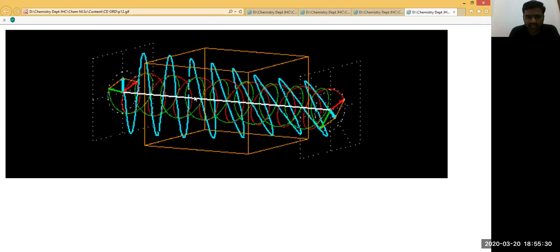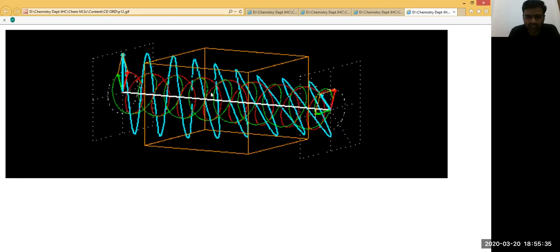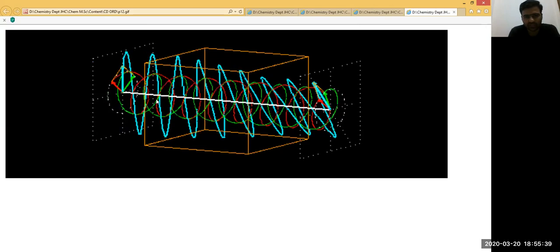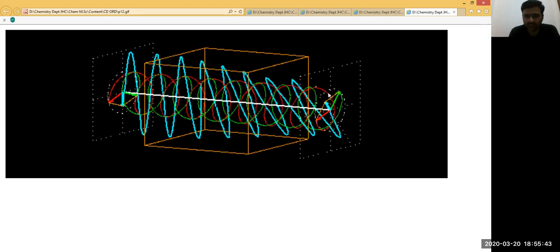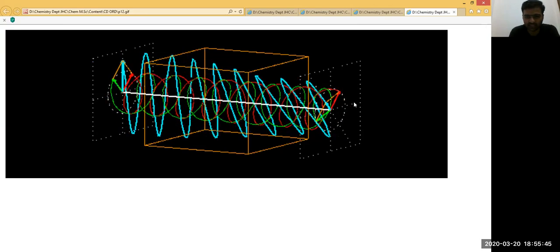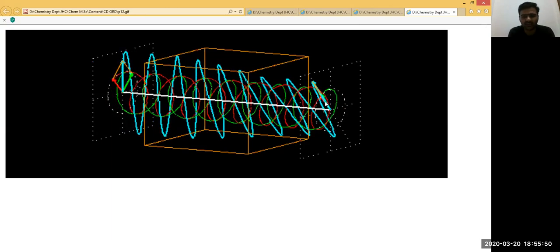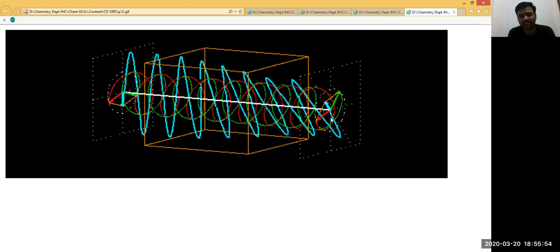Because of chirality, one of the circularly polarized lights will move faster through the chiral medium as compared to the other. So if the left circularly polarized light moves faster than the right circularly polarized light, you'll see a deflection in the plane polarized light by an angle that makes the molecule in the chiral environment levorotatory.